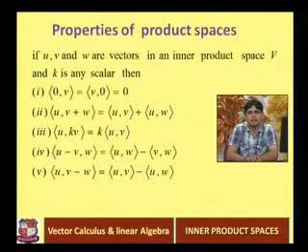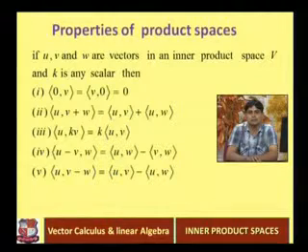Now the properties of inner product spaces. If U, V and W are three vectors in the inner product space V, and small k is any scalar, then first property: inner product between the 0 vector and any vector V is equal to inner product of V comma 0 vector, which is equal to 0.